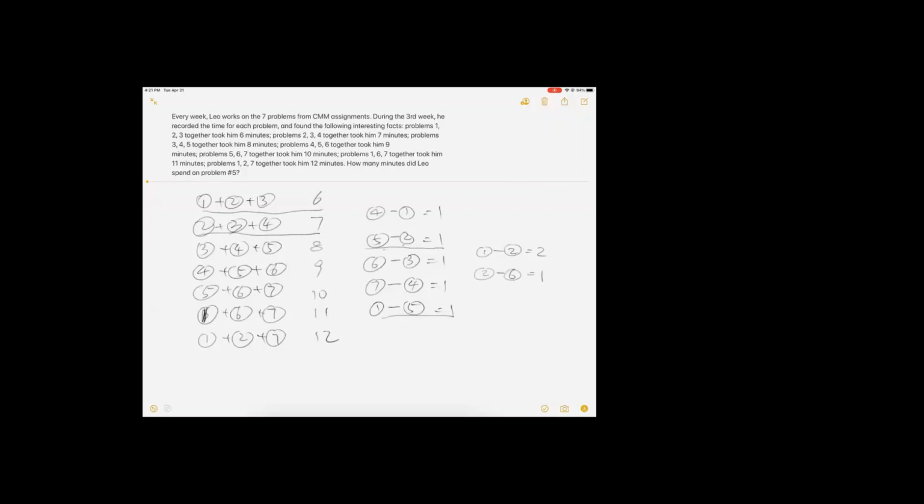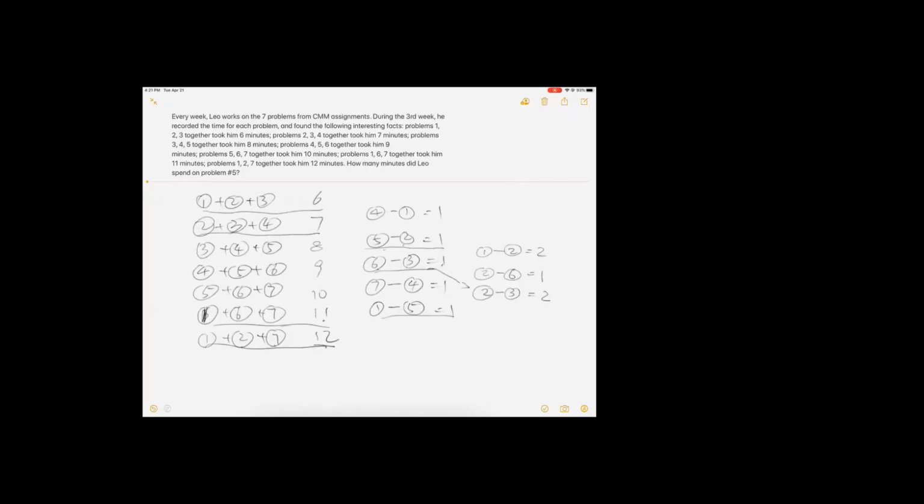Well, I just did the last two. 1, 6, 7 is 11 and 1, 2, 7 is 12, right? So you said 2 minus 6 is 1. Then after I got 2 minus 6 was 1, I also got 2 minus 3 was 2. Why is that? Because 6 is 1 more than 3.